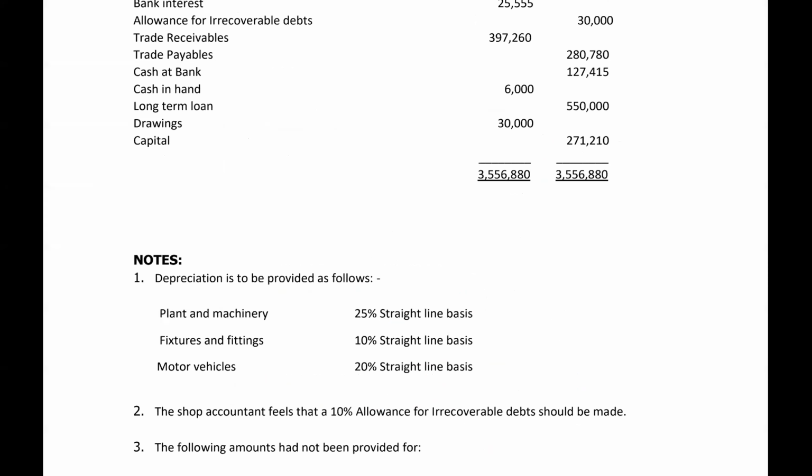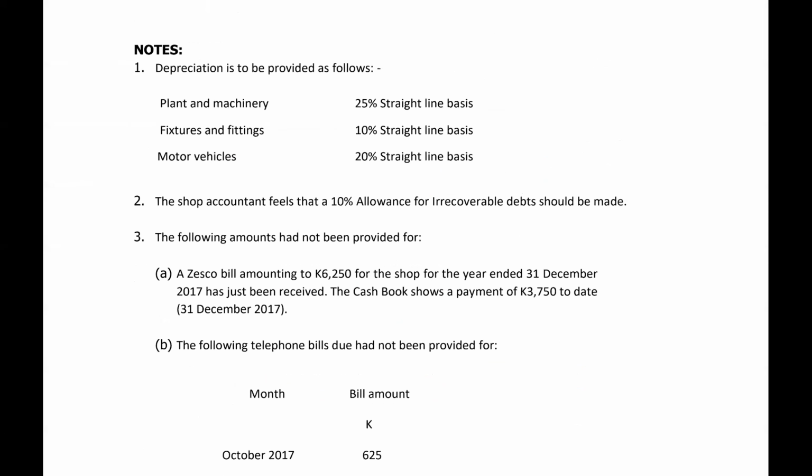Now, the other adjustments that you need to make. Always before you start writing the profit and loss account, you should first read the notes. You see if you are told there are adjustments that you have to make, which go in the profit and loss account or which go in the trading account.